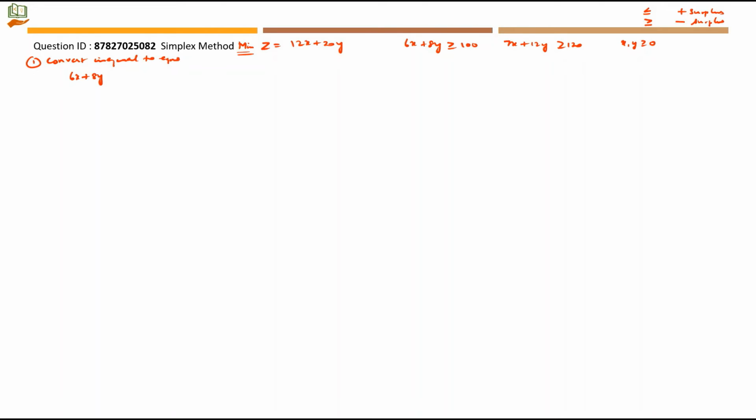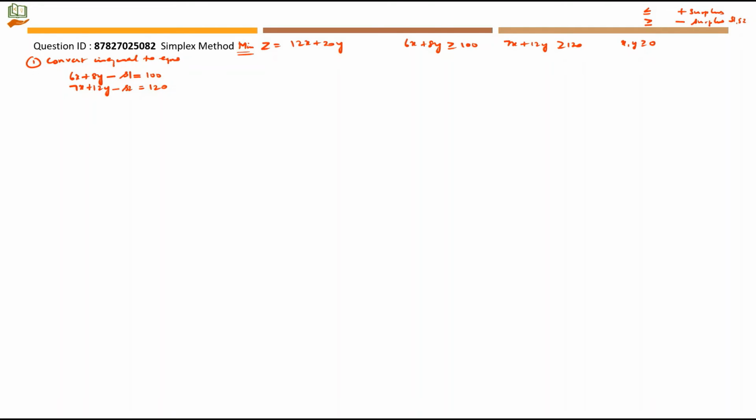So I am subtracting a surplus variable and equating this to 100. Similarly, 7x plus 12y. So in order to have no confusion, I am taking the surplus variable as s1 and this one as s2, and this is equal to 120.